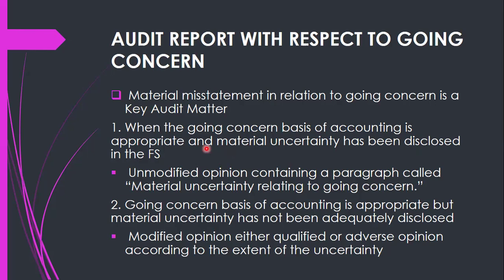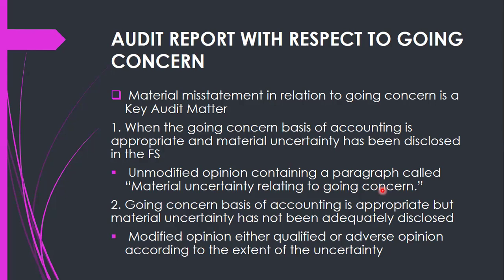The auditor needs to express an unmodified opinion containing a paragraph called material uncertainty relating to going concern. So when the going concern basis of accounting is appropriate, the company can issue its financial statements on a going concern basis. But there's material uncertainty due to one condition or the other.